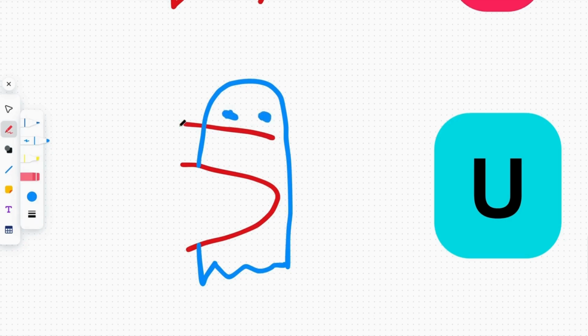You can consider this as its nose and this as its mouth, and it's saying ooh. That's great, right? So this is how you can easily remember the letter U in Japanese.